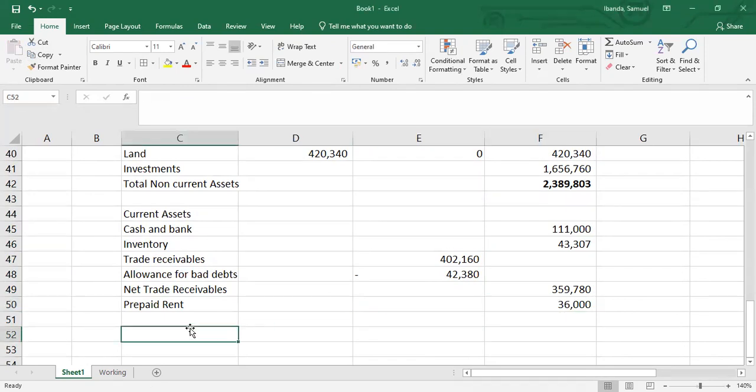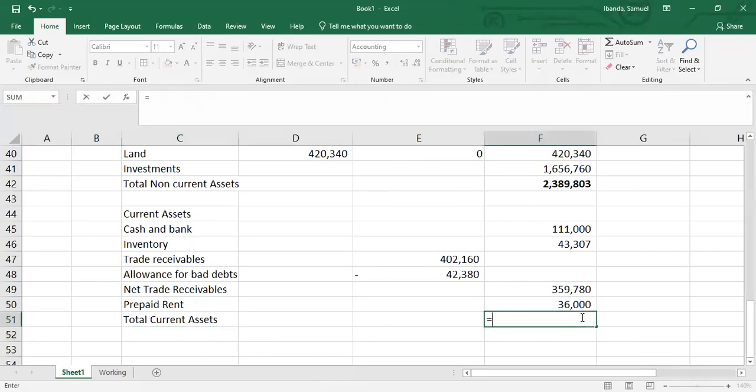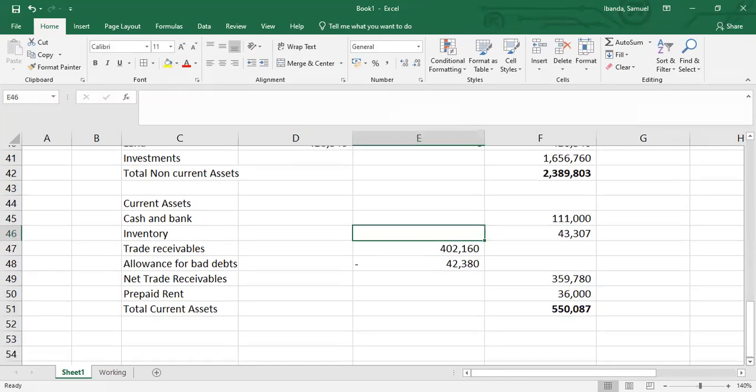So if that is all that I have, I'll get my total current assets, which, okay, this is 5507, right there.